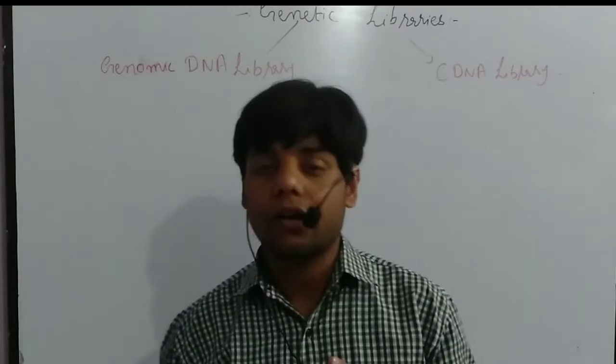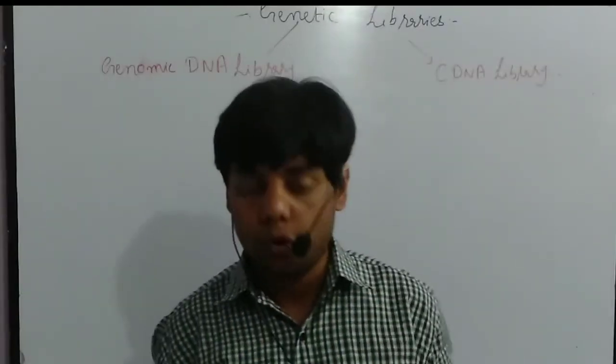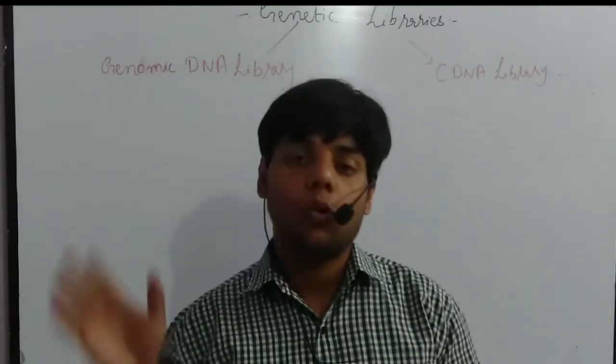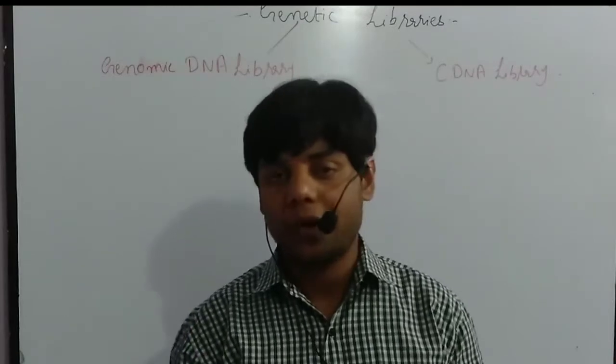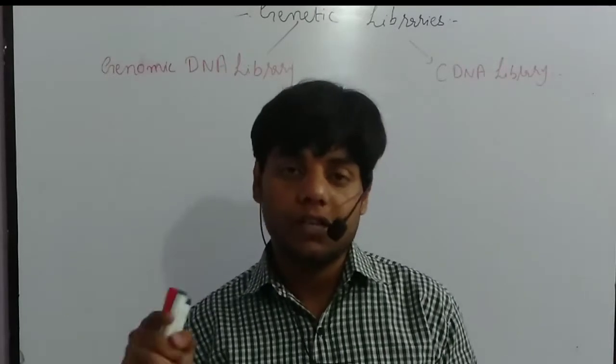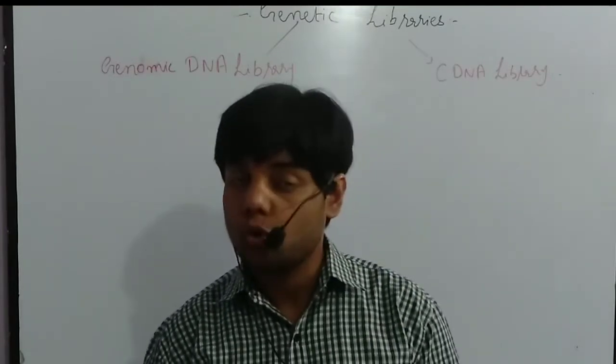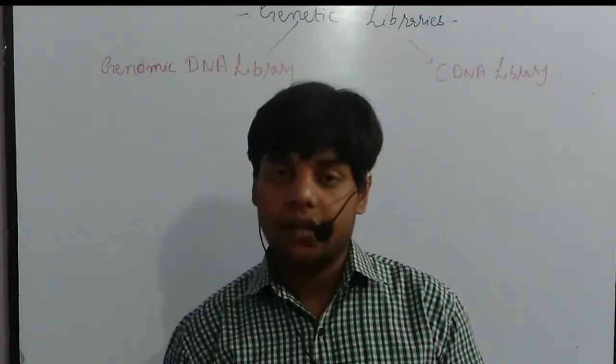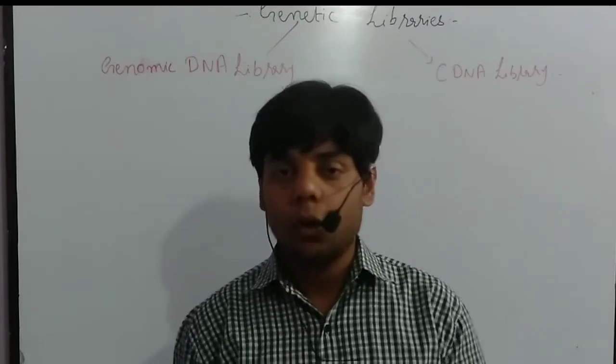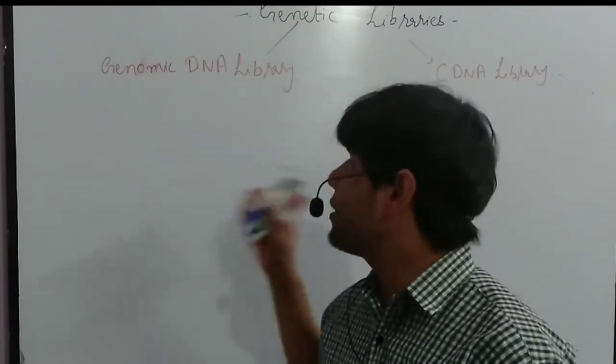We cut our gene of interest from a huge genome and load it into a vector. After that we deliver this vector to the host cell, and after some time we allow the host cell to grow on a Petri plate, and then we get a lot of bacterial cells. That's called a genomic DNA library.